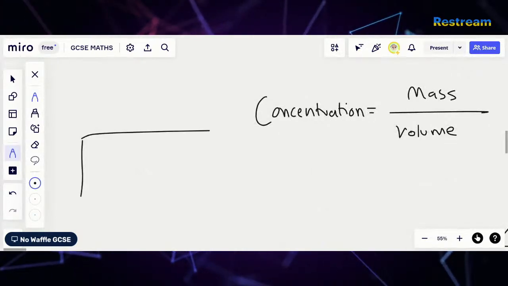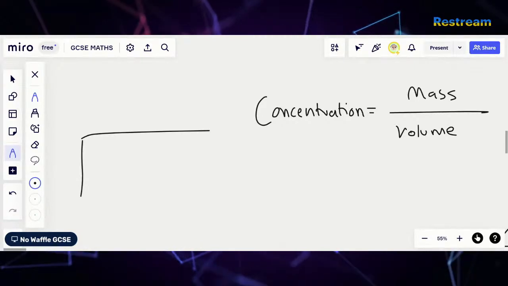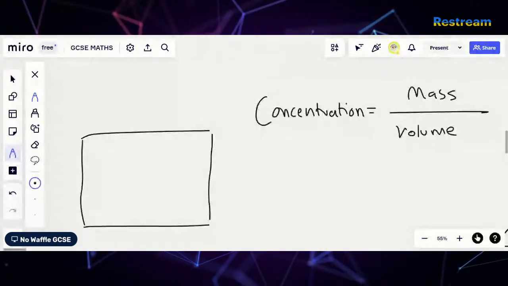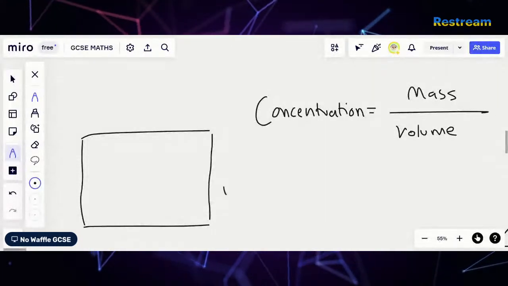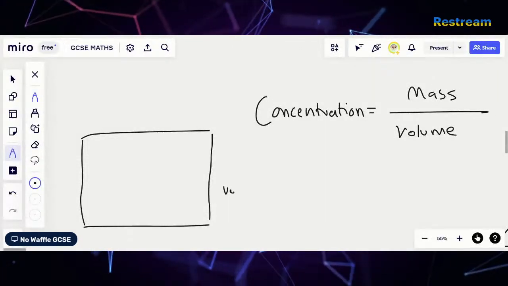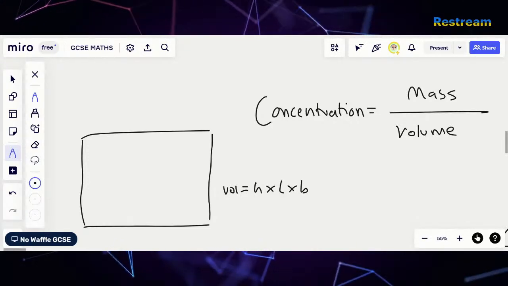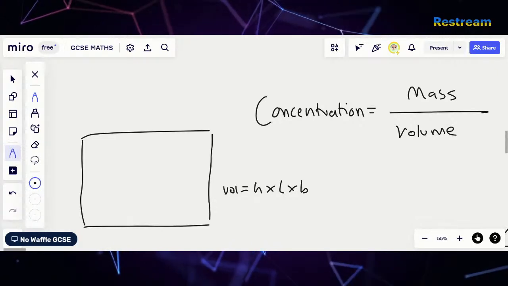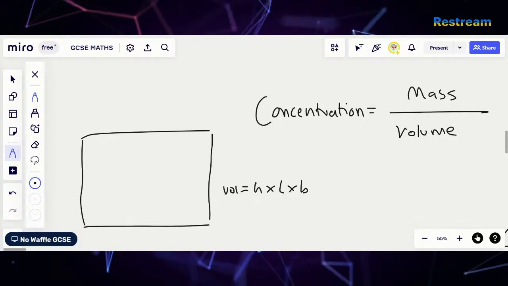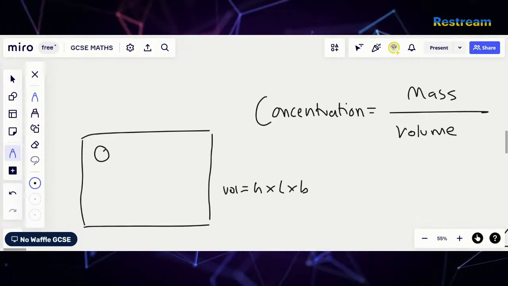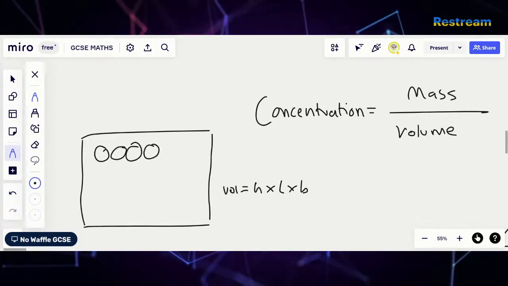So if you draw a box here, the box has a certain volume, which is just height times length times base, and inside there will be a mass of a different substance. Say you're trying to find the mass of, I don't know, a number of cakes in this box.